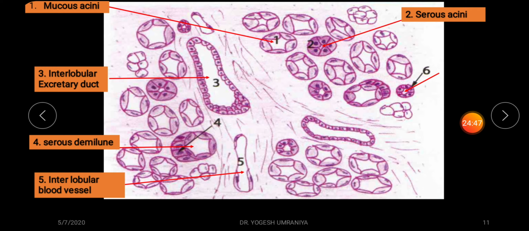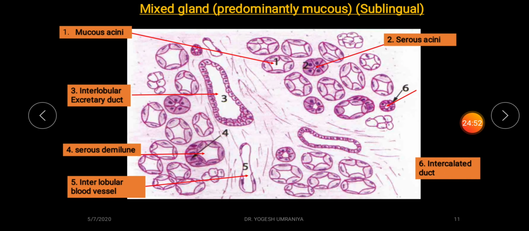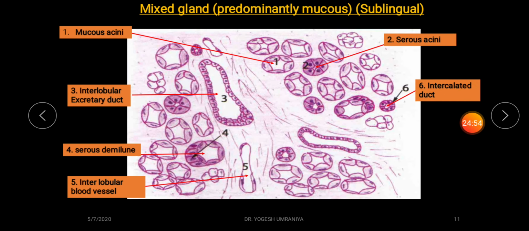Last one, that is the number 6, that is termed as the intercalated duct, which is having the epithelium of the simple cuboidal type. And here you can see this is the adipose cells, signet ring cells. So this is something regarding the sublingual gland.